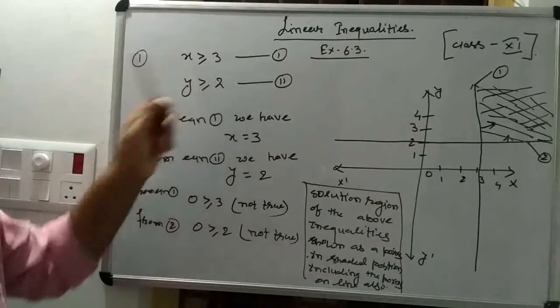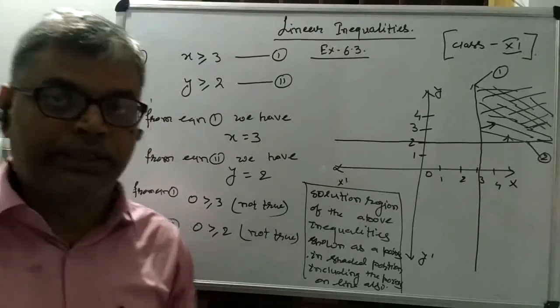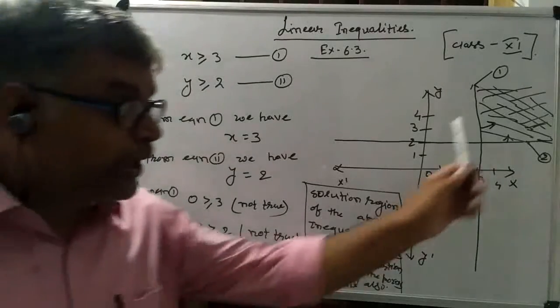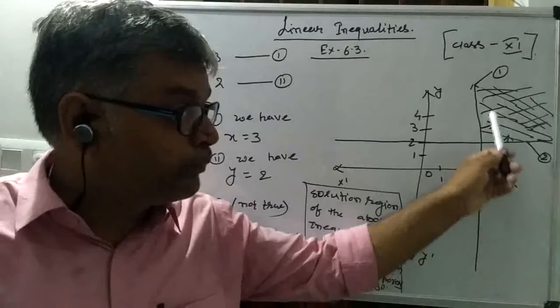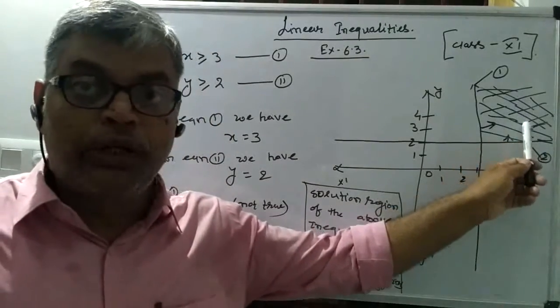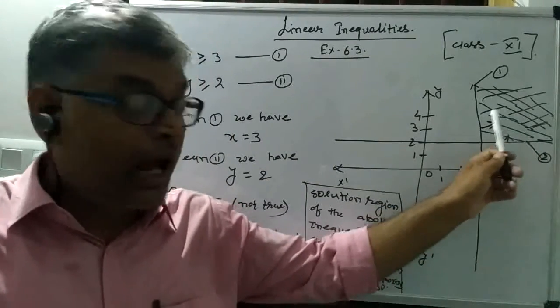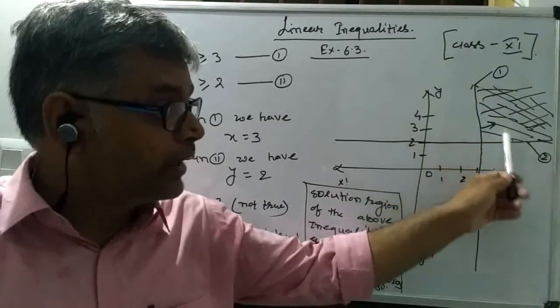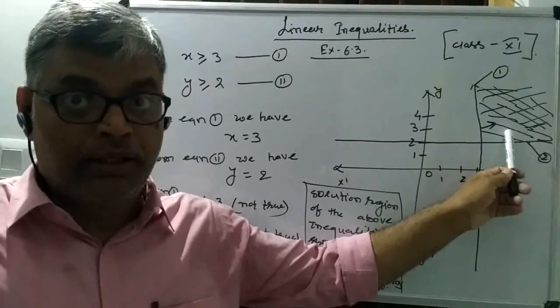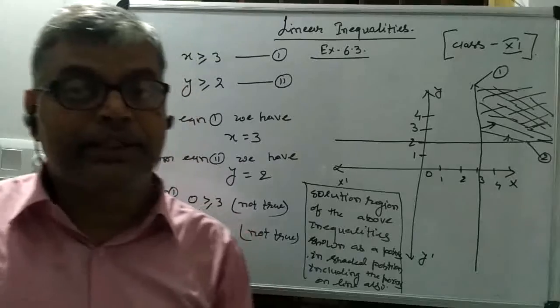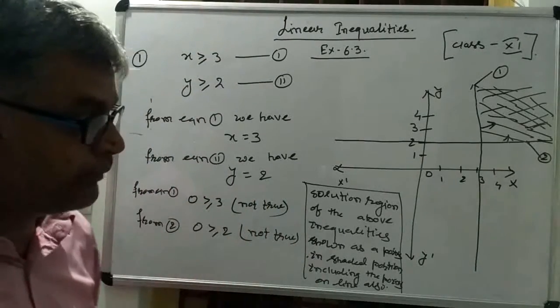As you can see, there is an equal to sign in both inequalities. So your solution region will be all the points included in the shaded part and the points on the lines also; both lines will be part of the solution region of these inequalities.